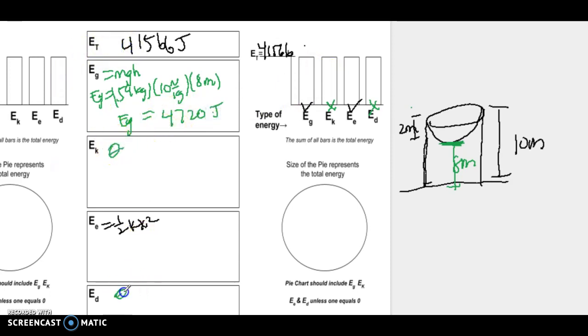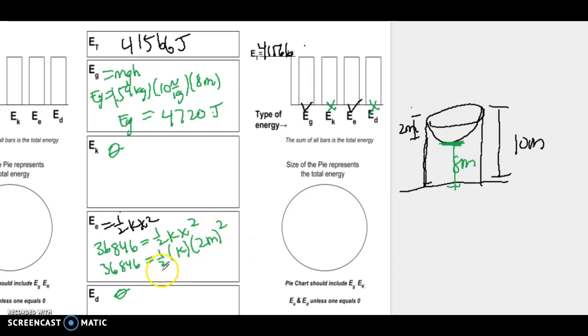He's not moving, we're ignoring the ED, so then I know my total, 41,566 minus 4720 that are taken up by the EG, so I'm going to have 36,846 joules of EE. And it's telling me that he's going to stretch it 2 meters, so that's going to be squared.